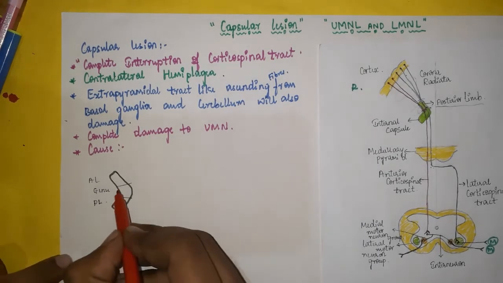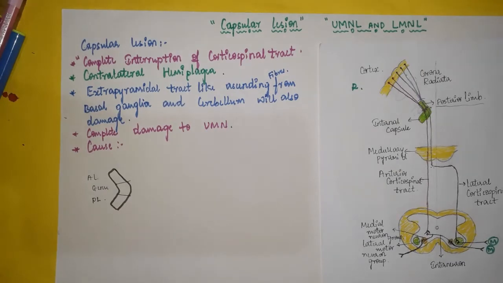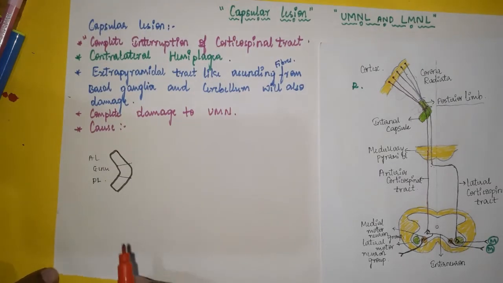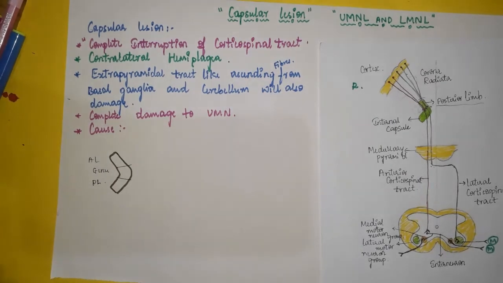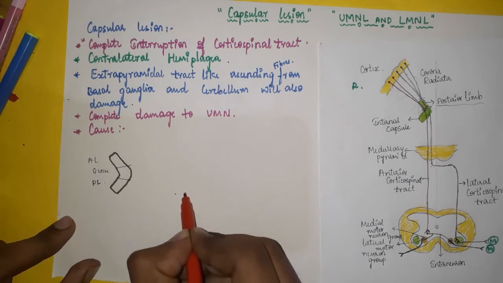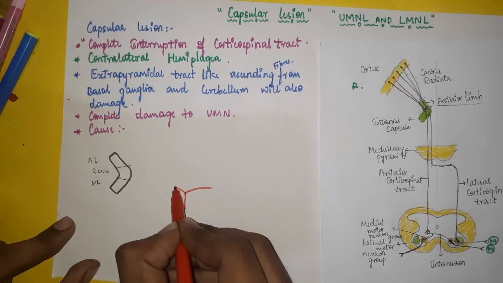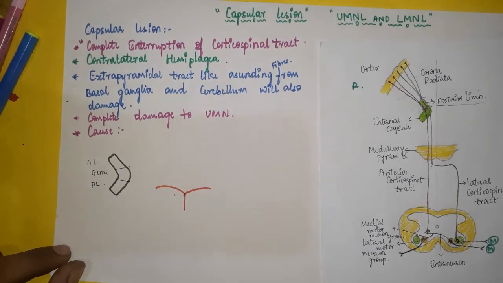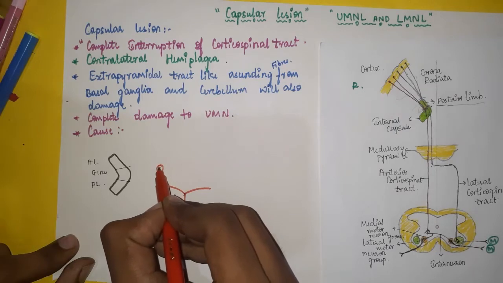Now you should know the blood supply of the posterior limb. It is supplied by the lenticulostriate branch of middle cerebral artery, or Charcot's artery. If you know the circle of Willis, then the idea will become better. Now you know this is basilar artery, divides into posterior cerebral artery, and then you know this is internal carotid.